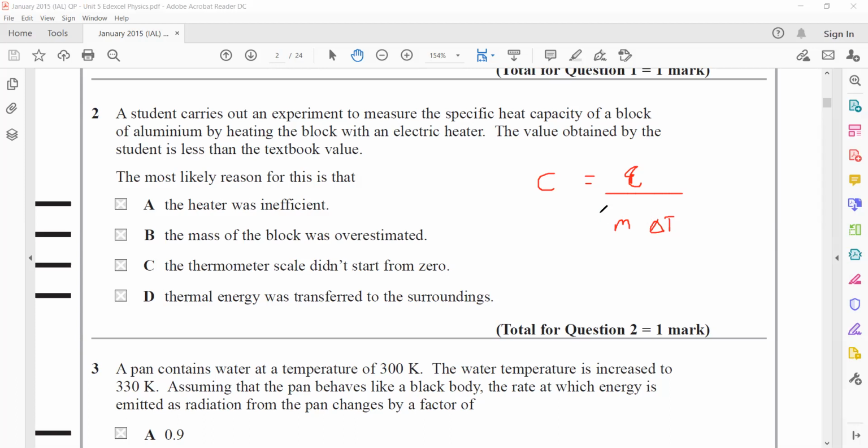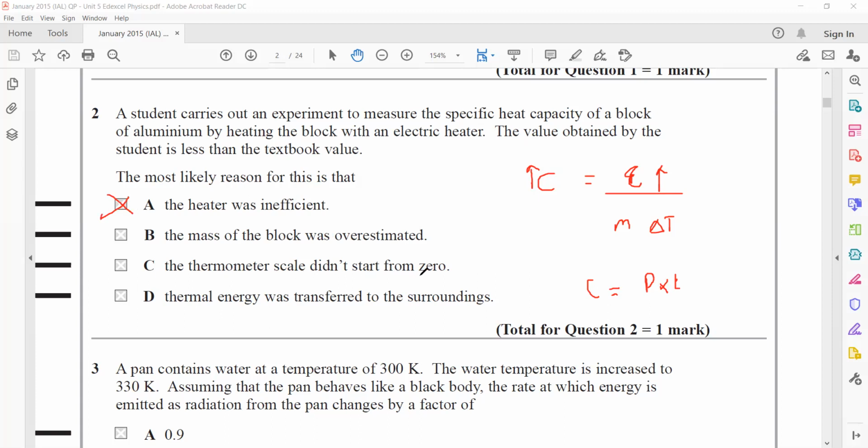For finding it, if I supply heat energy, the most likely reason: the heater is inefficient. Look, if the heater is inefficient, you will use it for a longer period of time, which means you will supply more energy. If you supply more energy, you should get a higher value of specific heat capacity. So a heater being inefficient will make a higher value of specific heat.